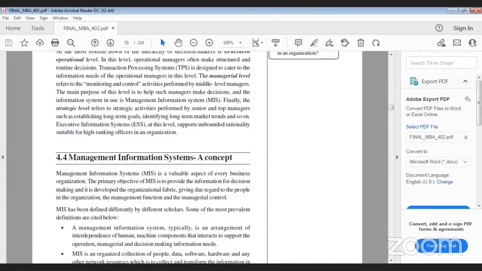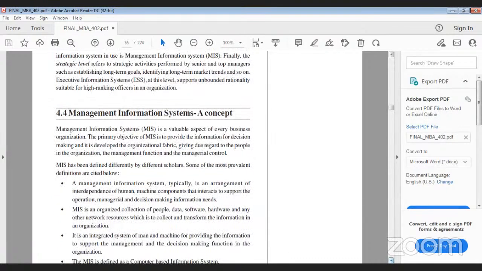MIS has been defined by different scholars. Some of the most prevalent definitions are stated below. First, the management information system is typically the arrangement of interdependent human and machine components that interact to support the operations, management, and decision-making information needs. Second, MIS is an organized collection of people, data, software, hardware, and other network resources which is collected and transmitted to form the information in an organization.